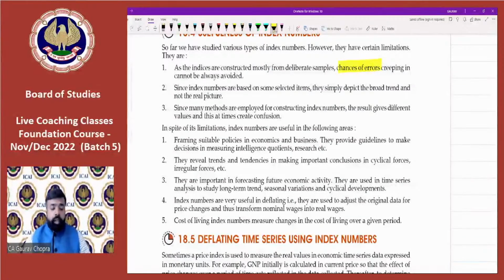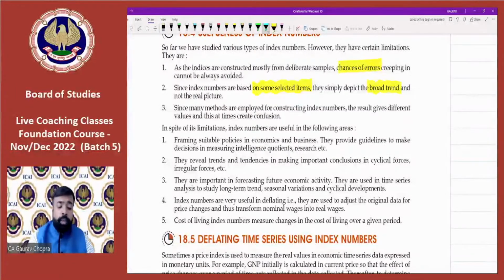Then index number are based on selected items only. In practical life, we are having lots of items. We purchased lot of items. If we see our house, so we can see more than 500 items in our house. But for calculation of index number, we just take few 4, 5, 10 commodities and not more than that. So index number shows the broad trend and not the real picture.